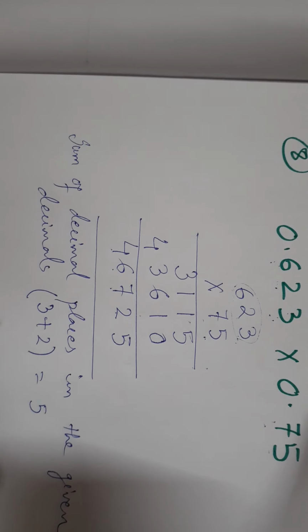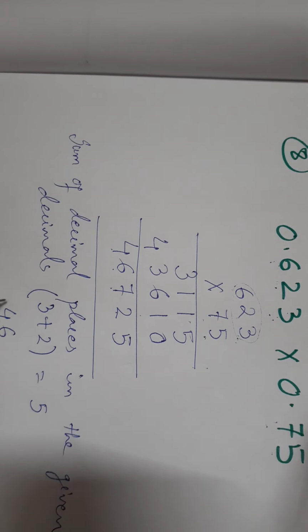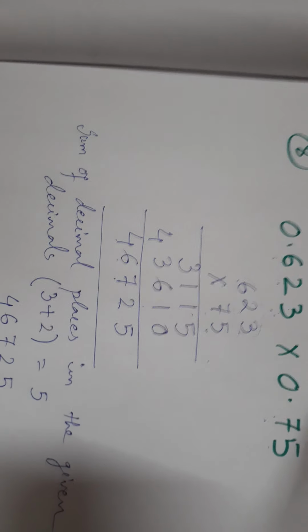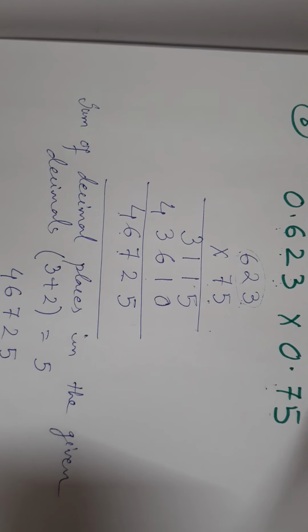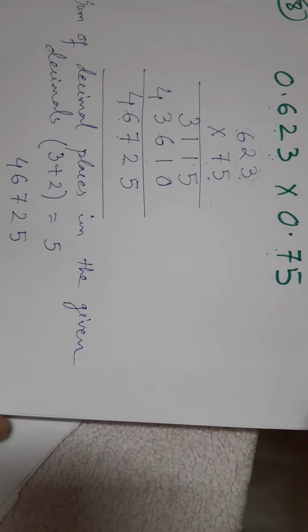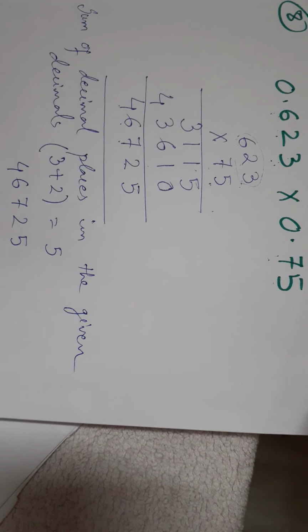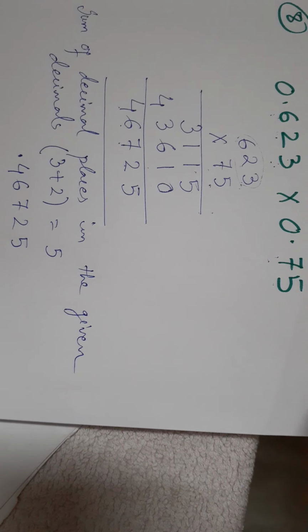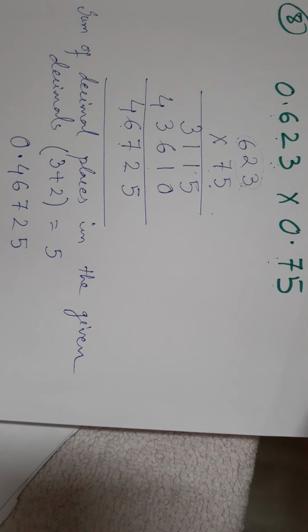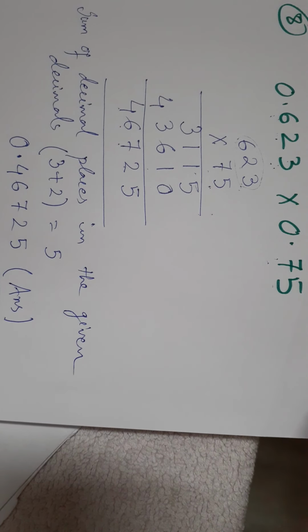So we will put 4, 6, 7, 2, 5, and in front of 4 we will put the decimal point, and we will put a 0 also in front of the decimal point. So now this will be our answer. Your answer of the multiplication is 0.46725.